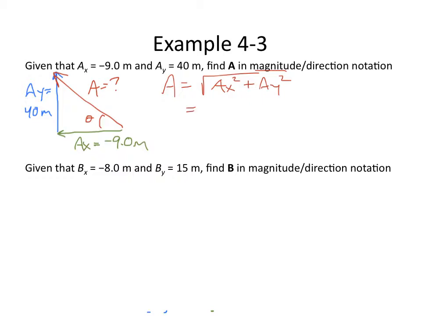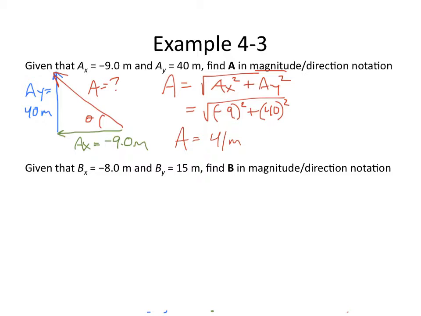I know I'm going to run out of space real quick here, but that's all right. So the square root of negative 9 squared plus 40 squared. We take the square root of that, so that gives me a value of A of about 41 meters.